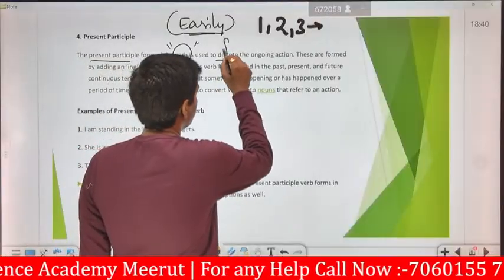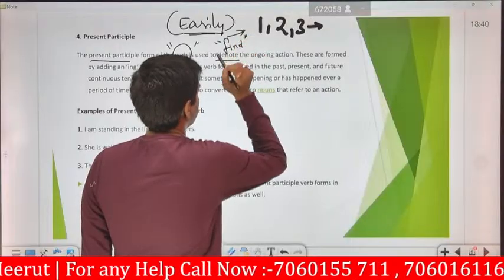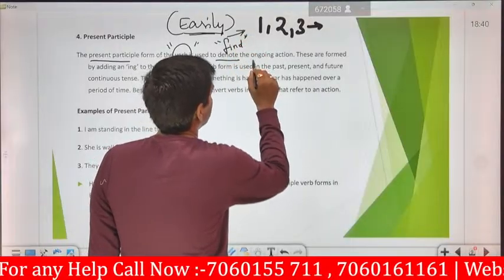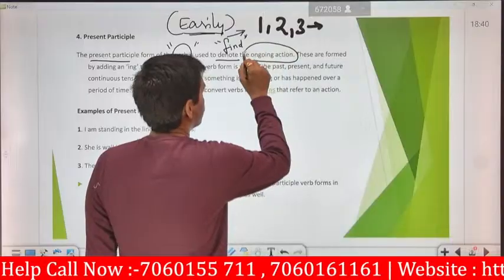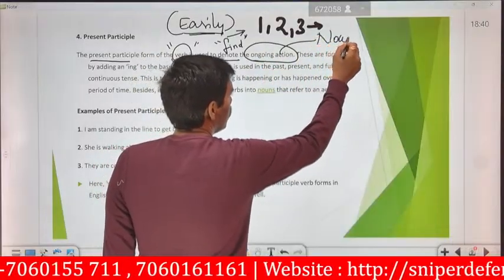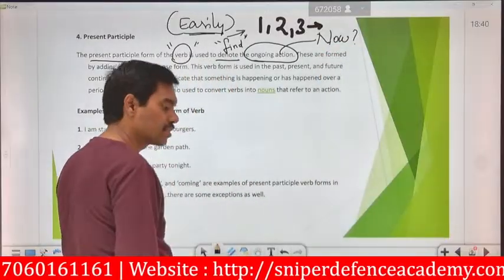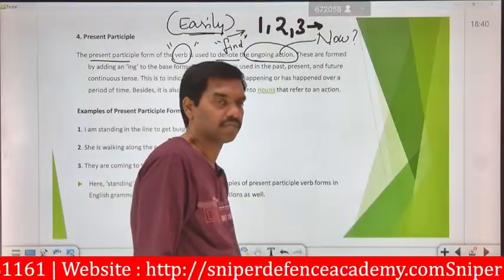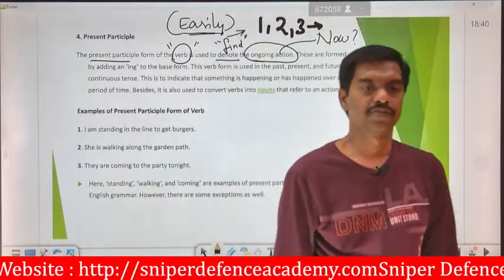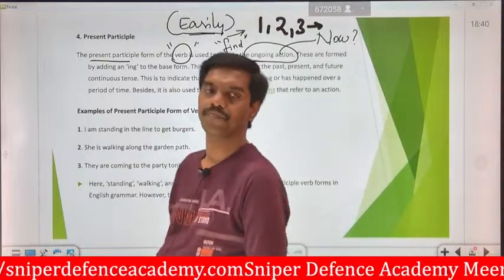Inside the verb, it's a type which is used to denote, or it gives direction on, the ongoing action. So what is ongoing action? Now what you are doing. At present, what are you doing? I am taking class in the classroom.